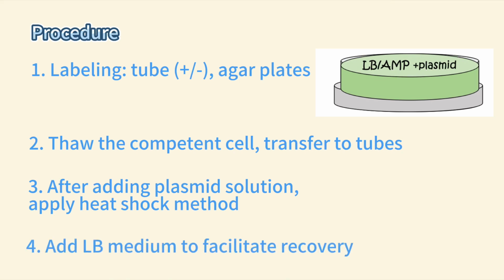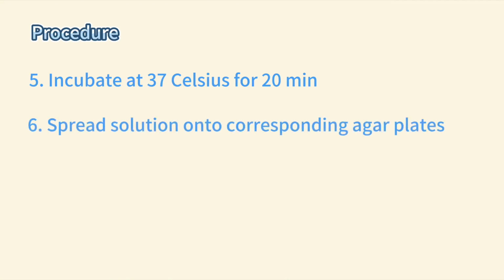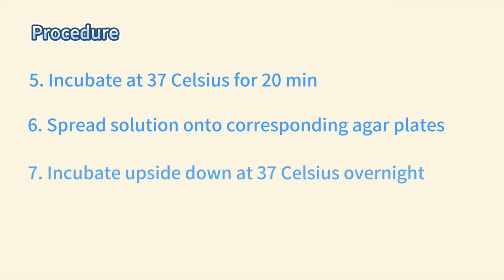Fourth, add LB medium to facilitate recovery from heat shock. Fifth, incubate the tubes at 37 Celsius for 20 minutes. After spreading solution onto corresponding agar plates, incubate agar plates upside down at 37 Celsius overnight.